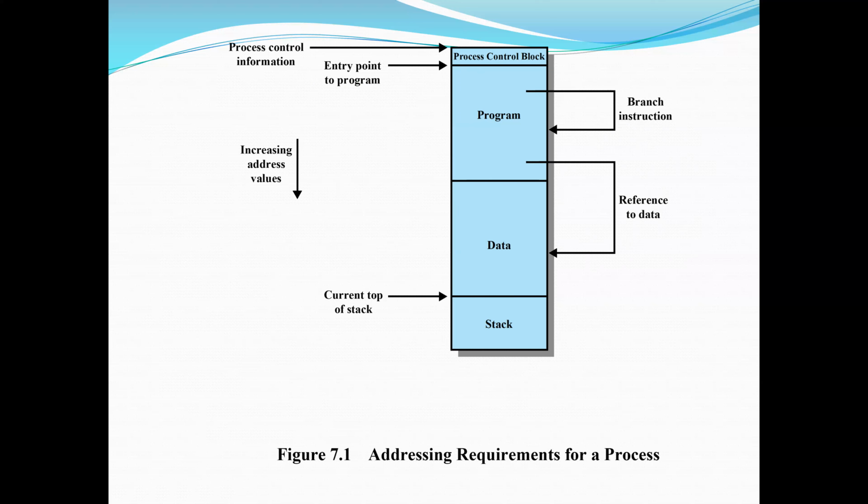Data reference instructions contain the address of the byte or word of data referenced. The processor hardware and operating system software must be able to translate the memory references found in the code of the program into actual physical memory addresses, which reflect the current location of the program in main memory.